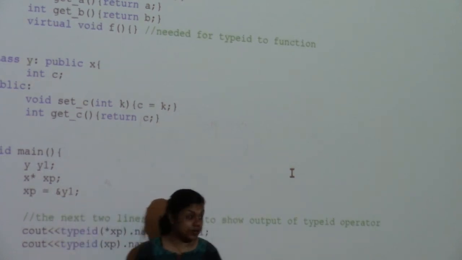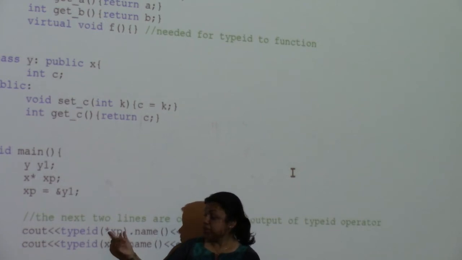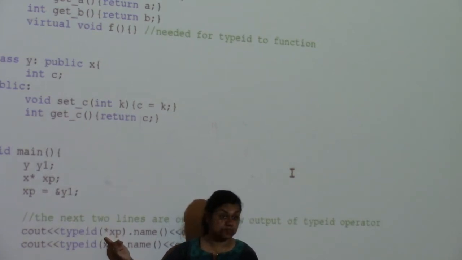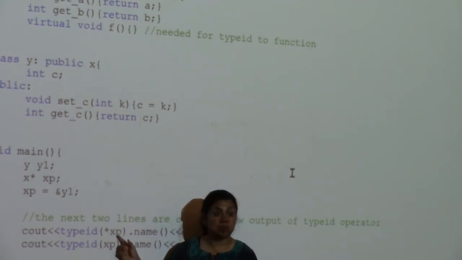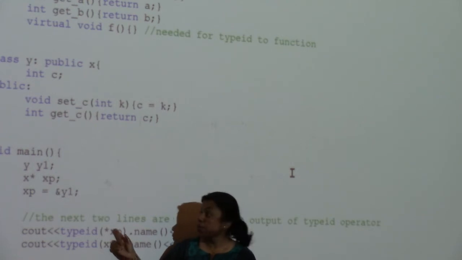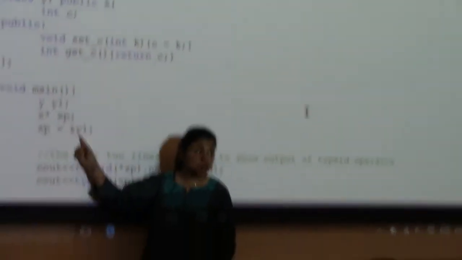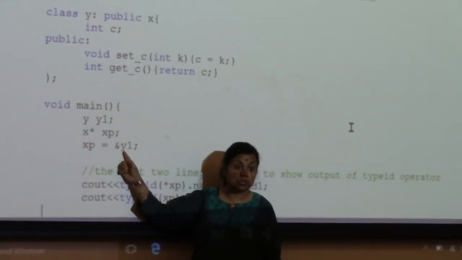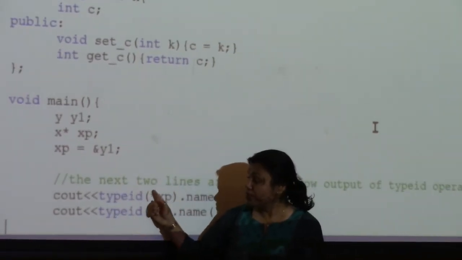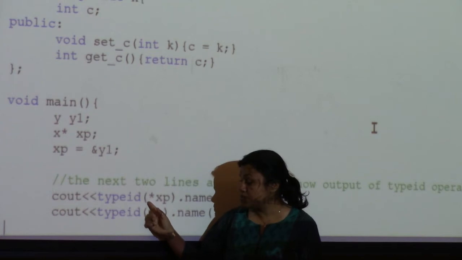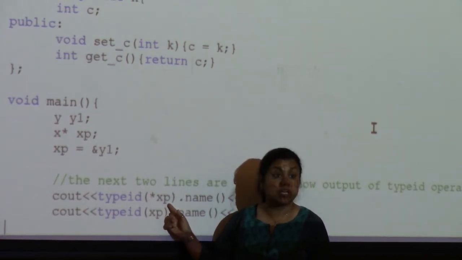X pointer. What is the type of *xp? Y. *xp means you are dereferencing the pointer xp. Where is xp pointing to? Y object. Okay, so this is the type of the object that xp is pointing to.